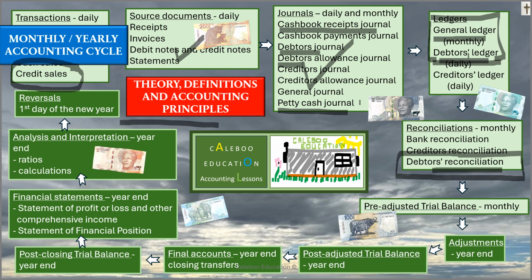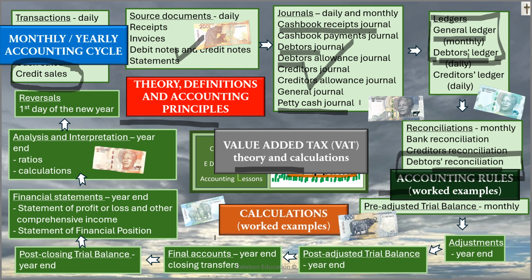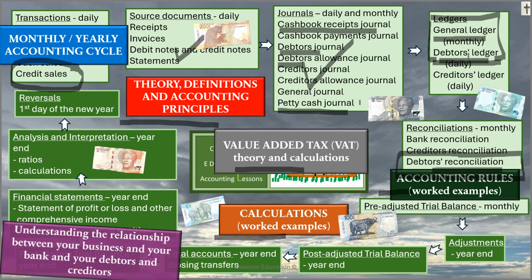And you guys have already done, if you're on the course, theory, you've done VAT, you've done the accounting rules, you've done calculations, so you're quite accomplished at this stage. And now we're coming to the end of this course, so well done for getting this far. Let's move on.